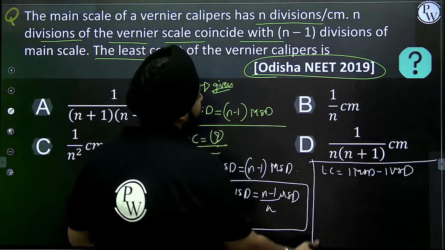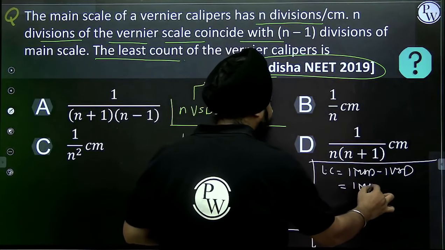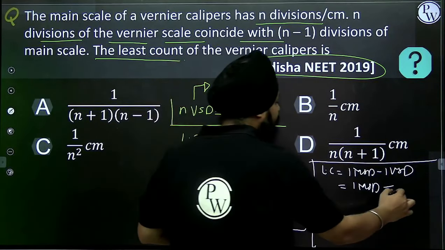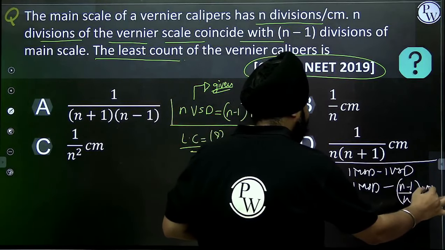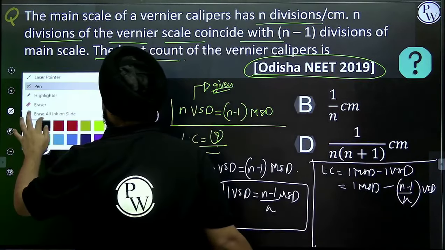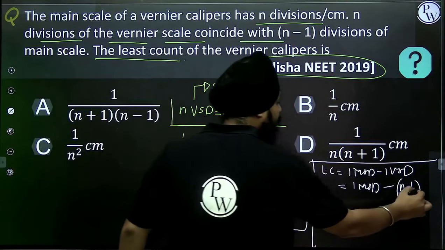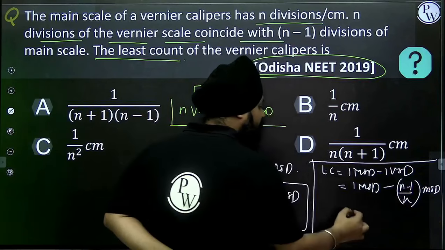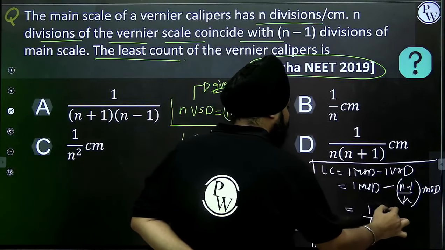Now what is 1 MSD? Can I write it as 1 of MSD? Can I replace the value of 1 VSD, that is (n minus 1) by n of MSD? So it will be 1 minus (n minus 1) by n, of MSD.